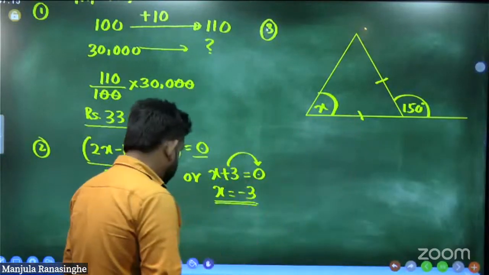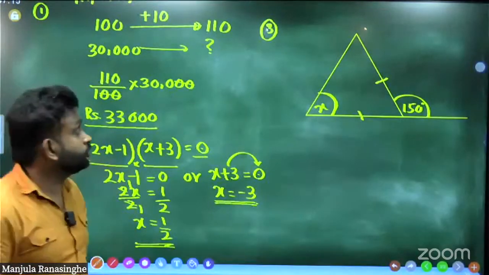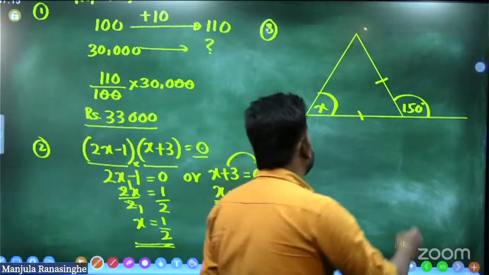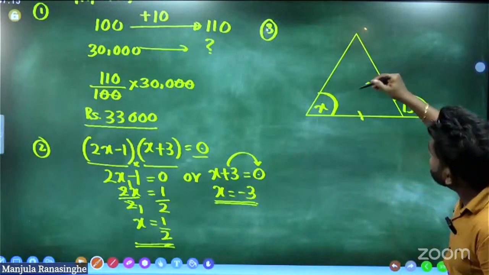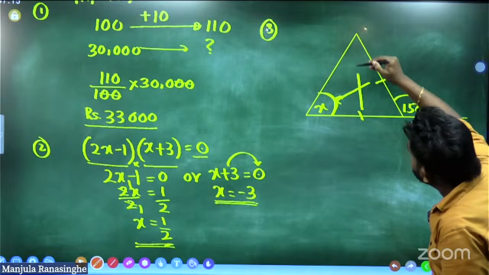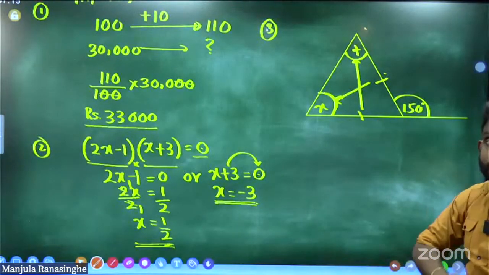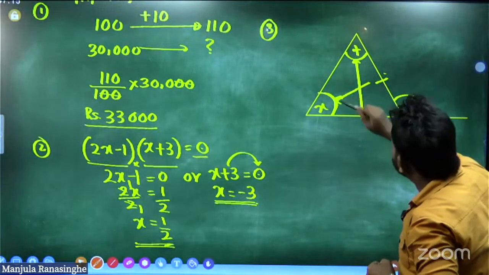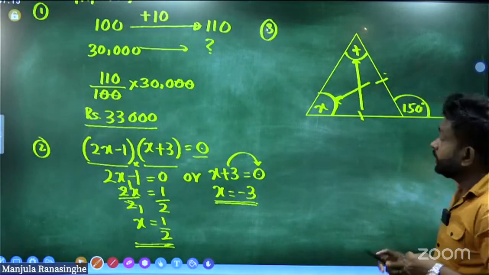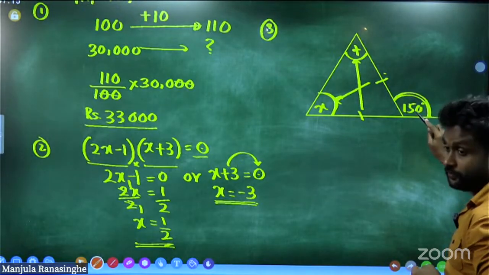You know that when two sides are equal, their opposite angles are equal. Here, if this is x, then since these two sides are equal, this angle also has to be x. Then you can see that this is the exterior angle created, which is 150.